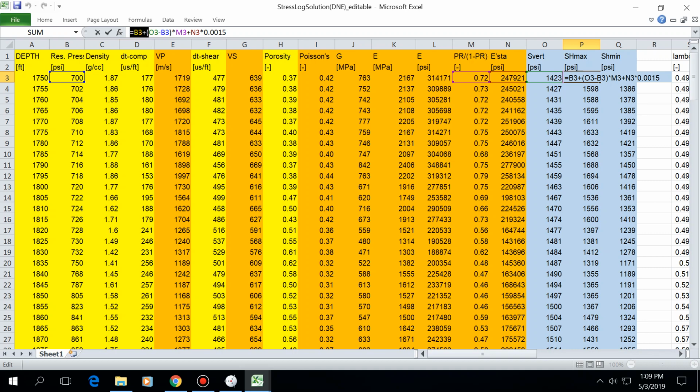What is O3 minus B3? So, effective vertical stress, right? That we multiply times this coefficient, Poisson ratio divided by 1 minus Poisson ratio. And to that we add N3, where N3 is the plane strain modulus times what is 0.0015 in this case.